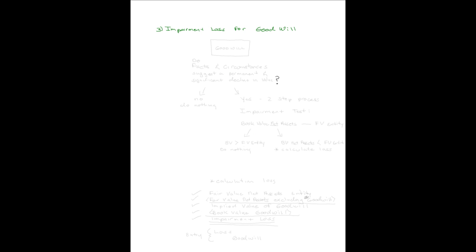Let's review impairment losses for goodwill now. Goodwill's a little trickier because the impairment loss doesn't tie to a particular asset. It ties to the value of an entire entity. Do facts and circumstances suggest a permanent and significant decline in value of this entity?